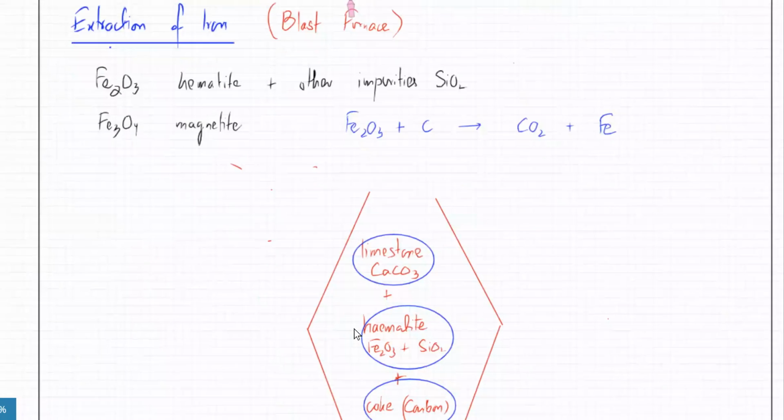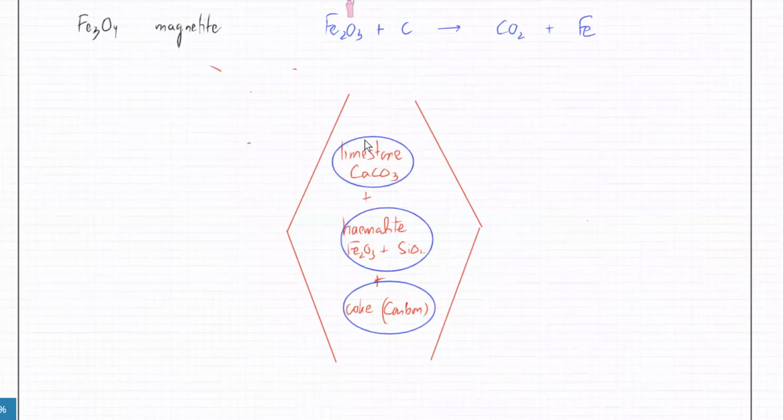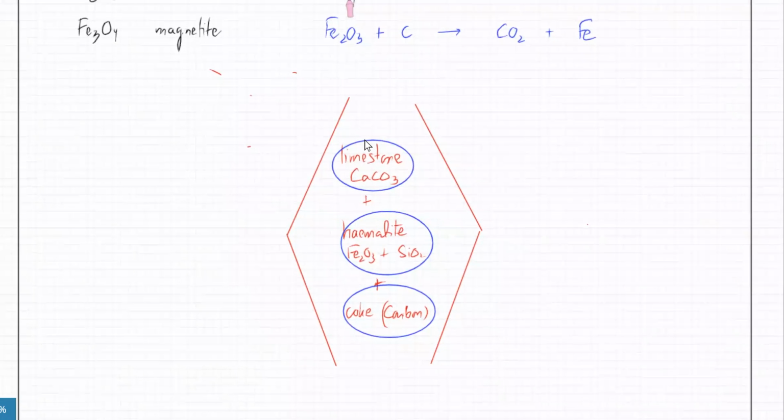I told you there were many ores of iron, hematite being one of them, and carbon is more reactive than that. So you add carbon to it, and carbon takes away the oxidants from hematite, and you can balance this. To do this specific thing, you use a blast furnace. In the blast furnace, you mix these three things.